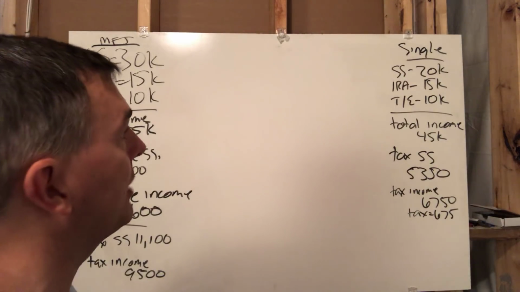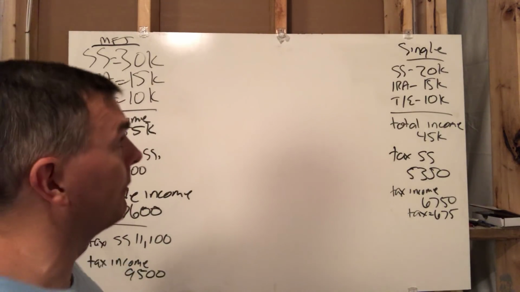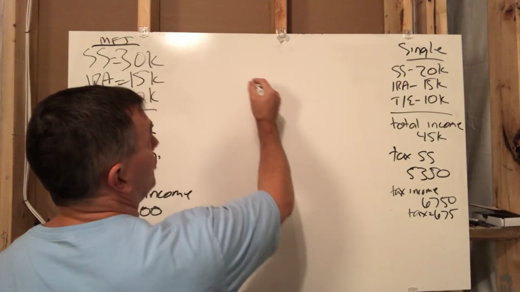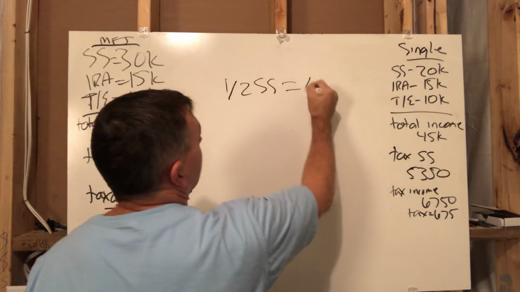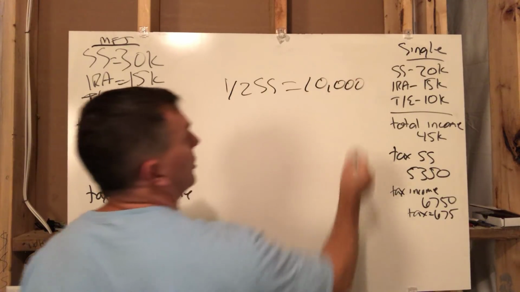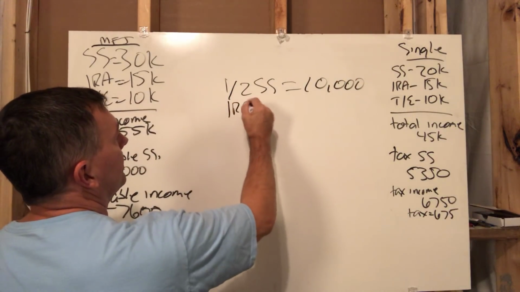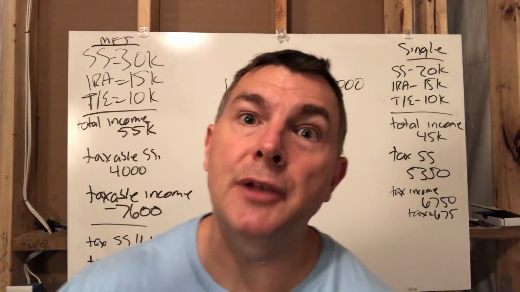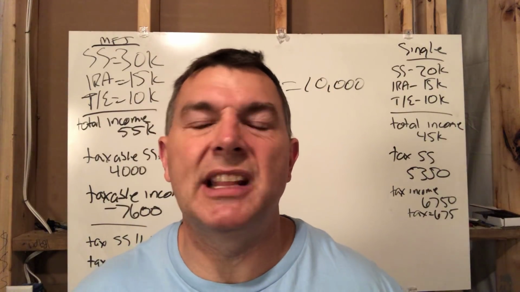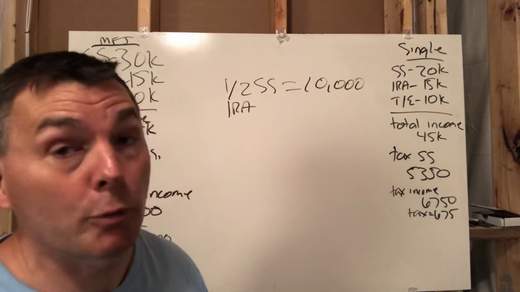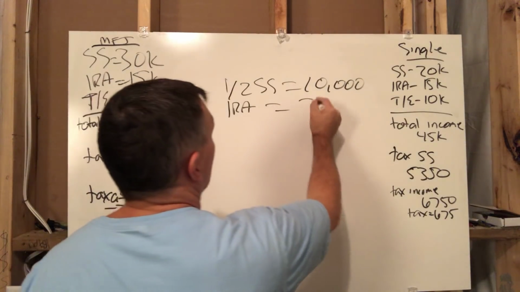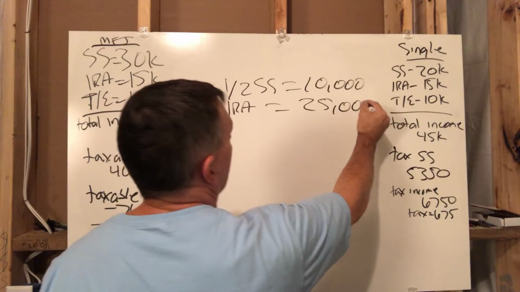So remember, in this case, you've got to calculate the provisional income. That's half of our Social Security, which is $10,000. We've got her IRA distribution, but remember, $15,000 was her required distribution. Now she's going to take another $10,000 for a Roth conversion, so it's $25,000 in total IRA distributions.